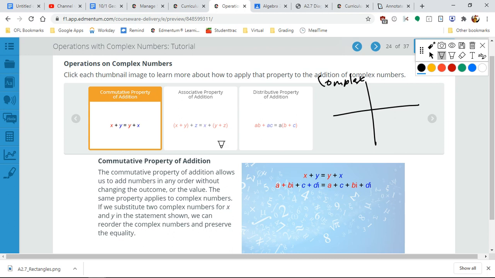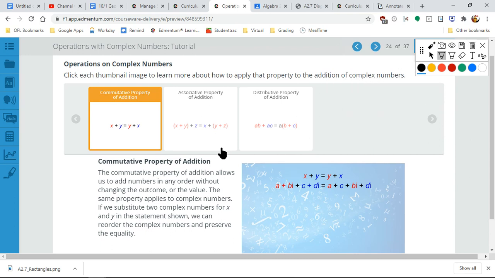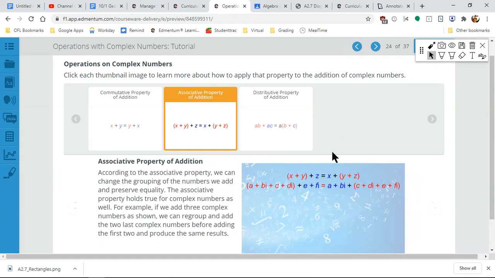The graph of complex numbers has the real numbers on the x-axis and the imaginary numbers on the y-axis. So that's what we usually associate with your y and x. Oh, they're not even talking about that right now. They're literally just saying that you can add them in any order. Never mind. Okay, Edmentum, you are normal.